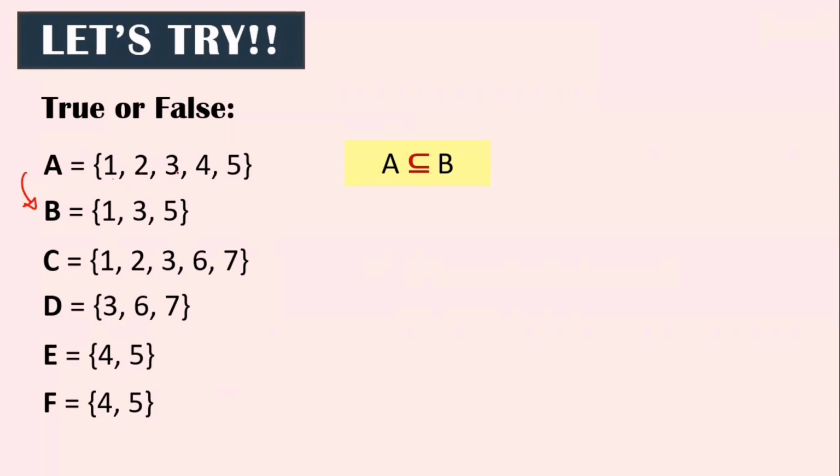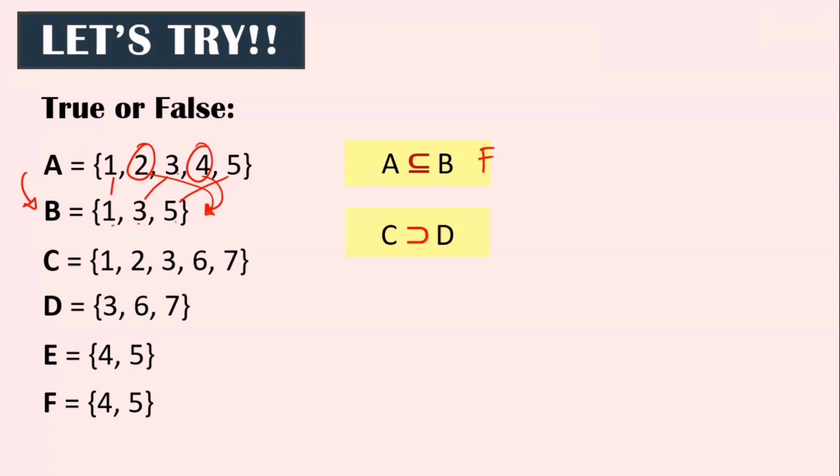Meron kang 1, 2, 3, 4, 5 sa A. Sa B naman ay 1, 3, 5. So, di ba sabi kanina, pag sinabi nating subset, every element ng ating set A dapat ay nasa set B. So, meron namang siyang 1, 3, and 5. Pero nasaan yung 2 and 4? Wala yung 2 and 4 sa ating B. Okay, therefore, this is false. Okay, next.